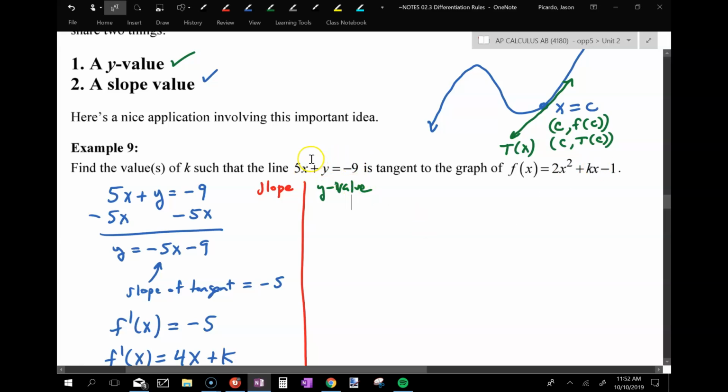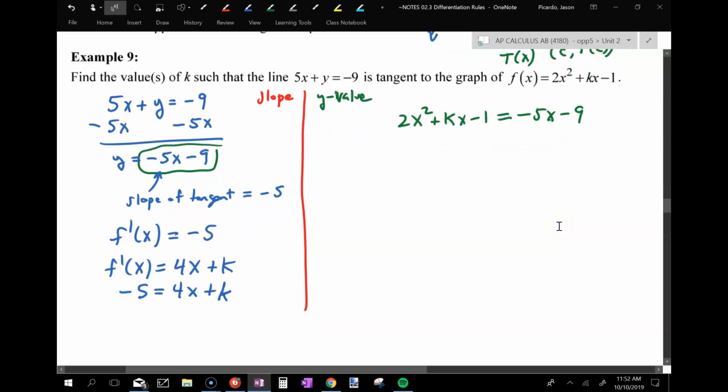They got to equal each other, right? Isn't that how I find where two things intersect? Well, I got y by itself, and this is the same as y, so don't I just want to take 2x squared plus kx minus 1 and set it equal to this? All right, Brandon, what's that going to do? That's going to tell me where the blue function intersects the green function, right?